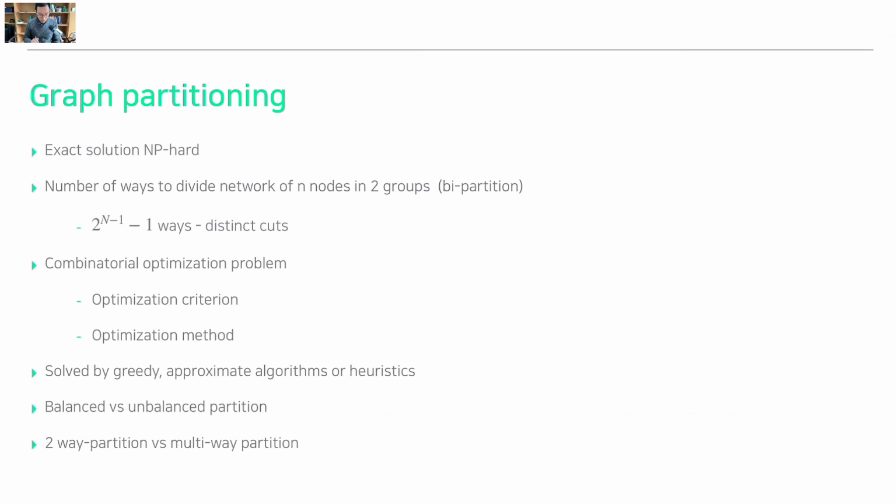We will talk about several popular optimization criteria and methods in this lecture. It could be solved by greedy and approximate algorithms or heuristics because it is an NP-hard problem. Result-wise, it could be balanced or unbalanced partitions, so we will talk about whether the proposed solution is likely to be balanced or unbalanced.